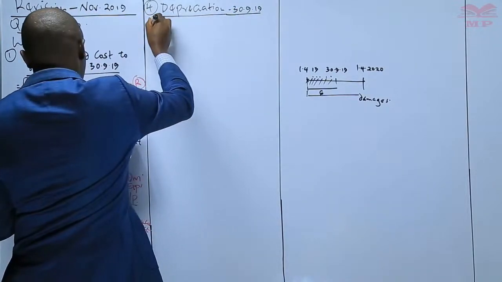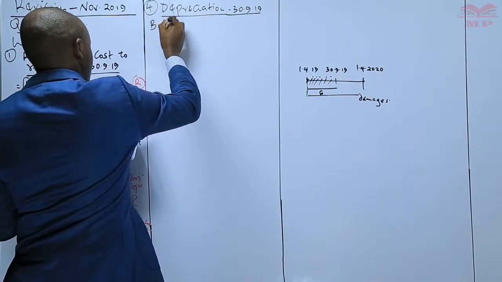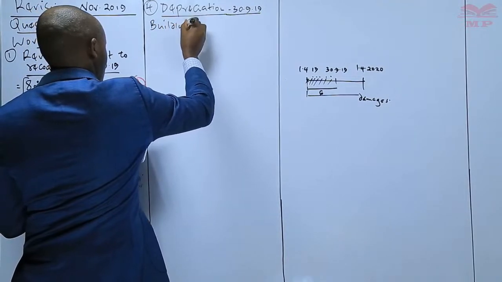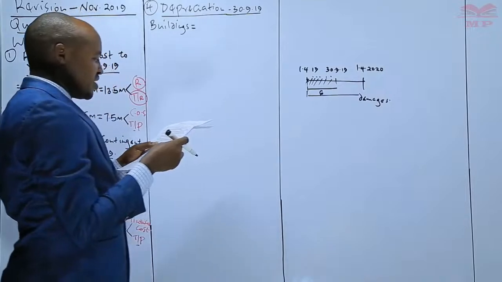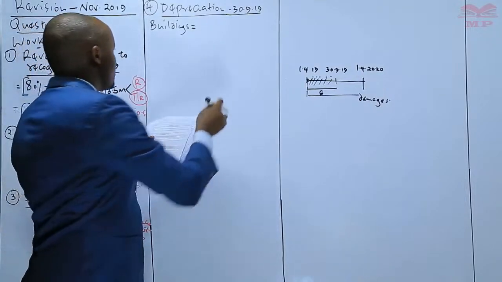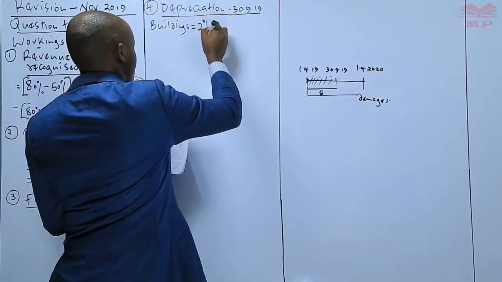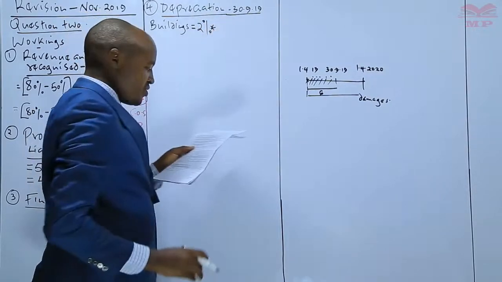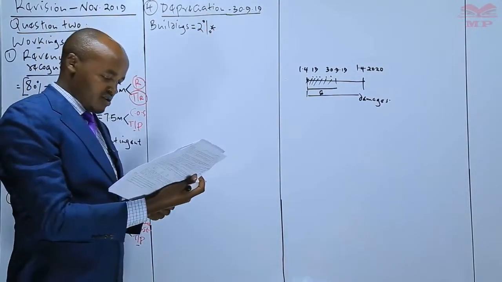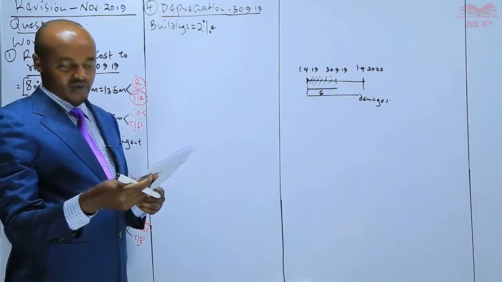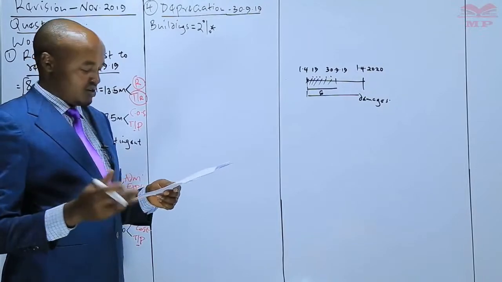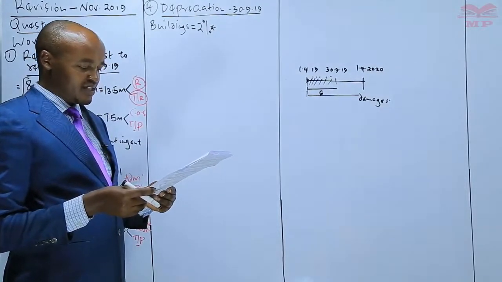So one, we compute the depreciation on buildings, and we are told that depreciation will be computed on a straight line basis at the rate of 2%. So we take 2% of the cost because depreciation is on straight line. Now, if we go back to the trial balance, to where we have property, we know property includes land and building. We have the value of land there being 60 million.